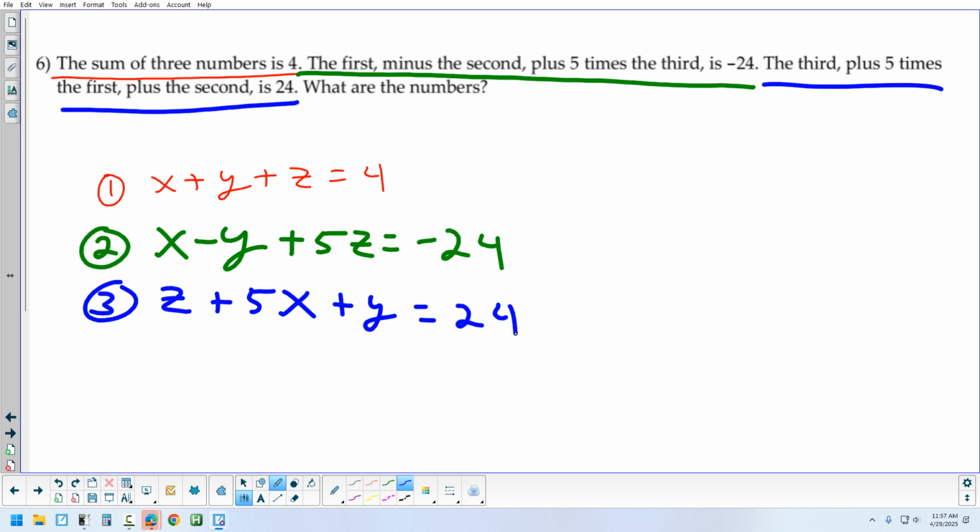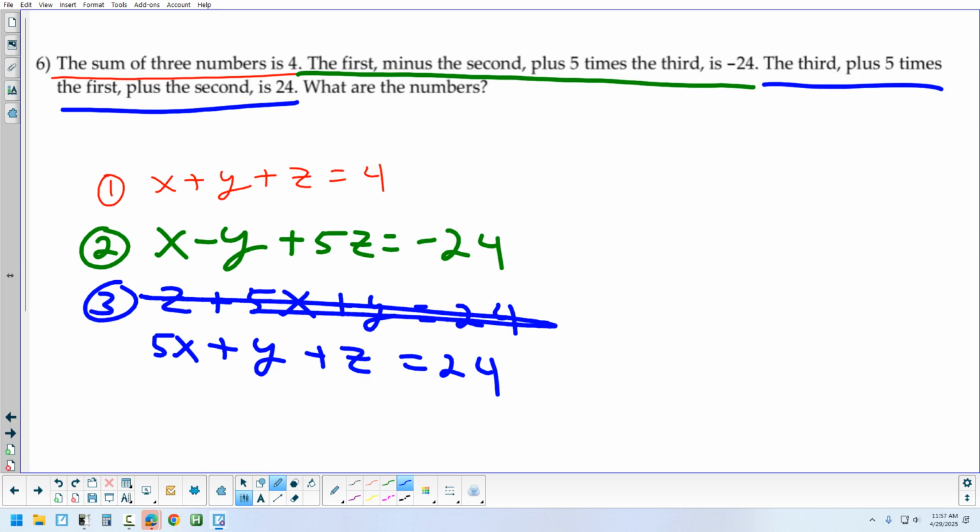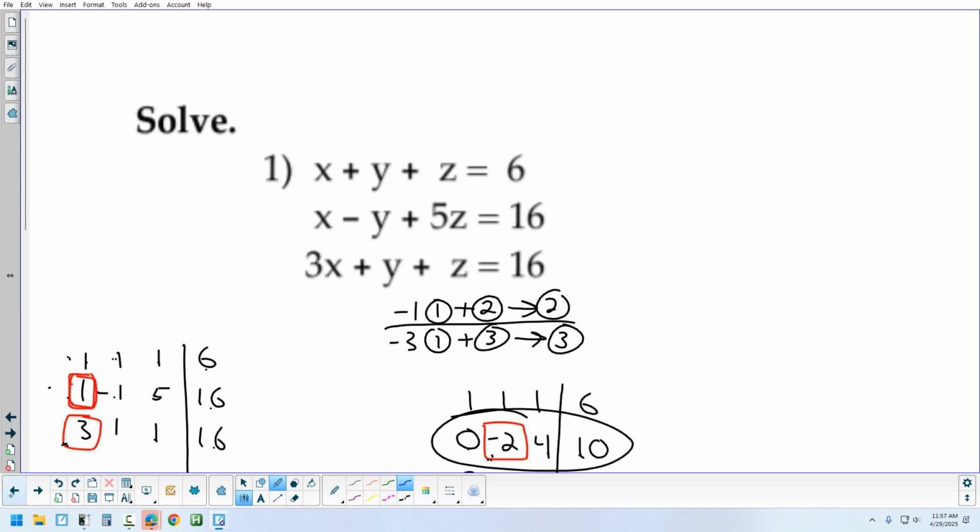So even though the equation was written that way, that's fine to do it temporarily. But what you really want is 5x plus y plus z equals 24. Now they're lined up x, y, and z. We could solve that just like you did that one. There's no difference. Same steps.